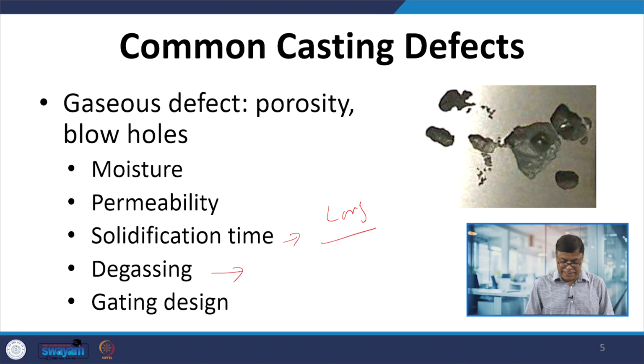A few degassers are added in the molten metal for the molten metal treatment, so that the gases dissolved in the molten metal can escape. And likewise the gating design also should be such that it allows proper venting and the feeding of the molten metal in proper conditions, so that the gaseous defects can be reduced.